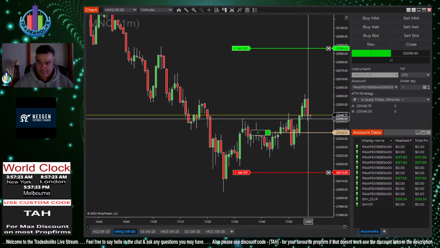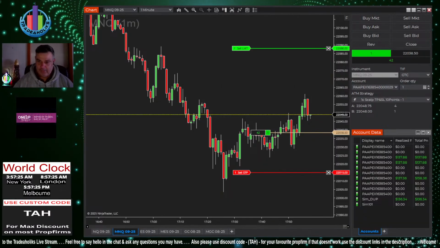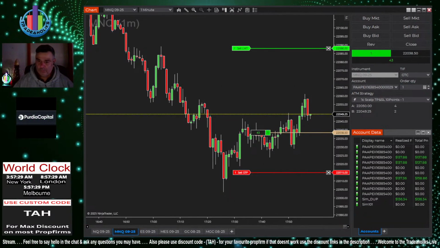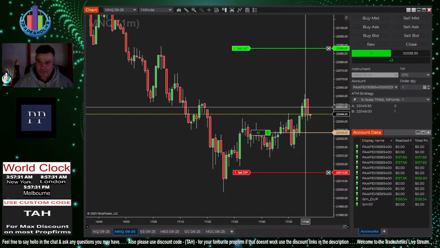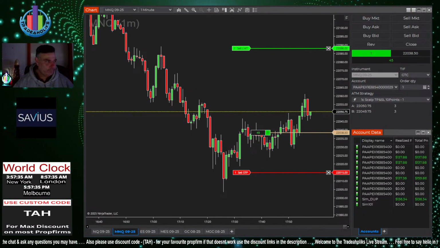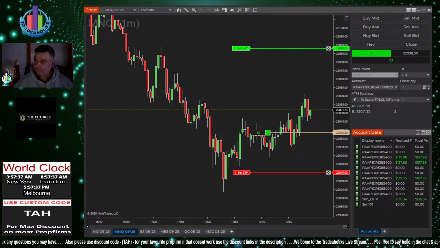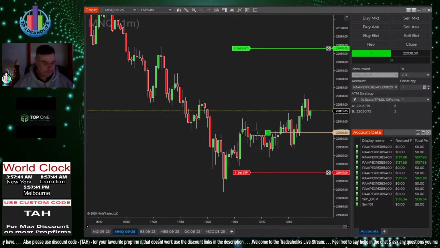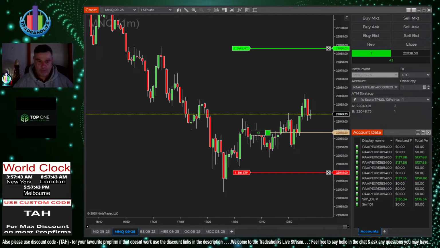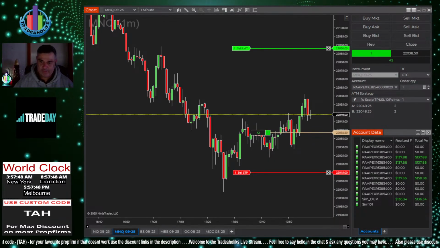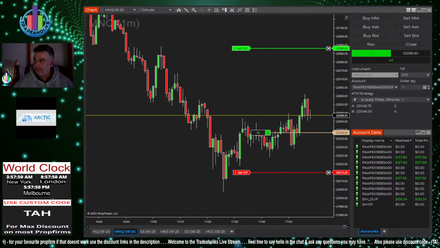This is what I want. I want that to be the new low now. Make that the new low and then hit my target. Couple minutes left before the first hour.